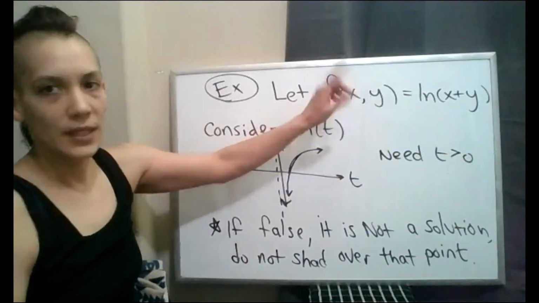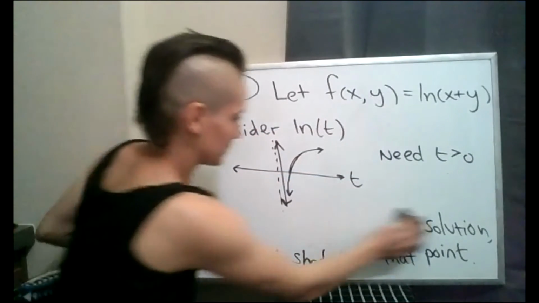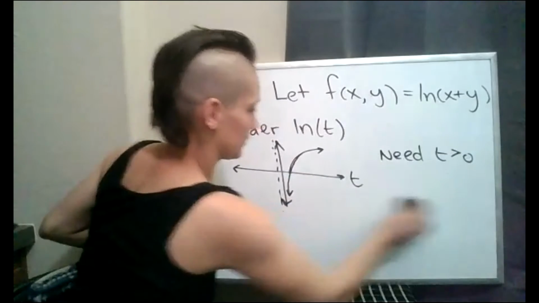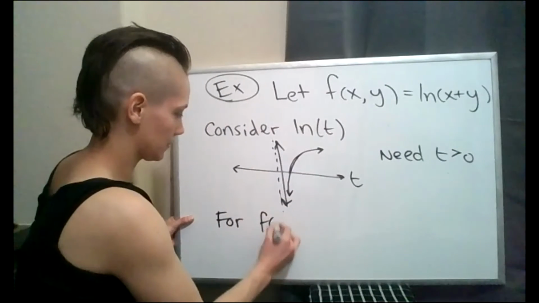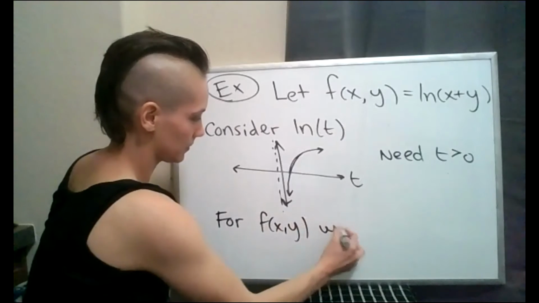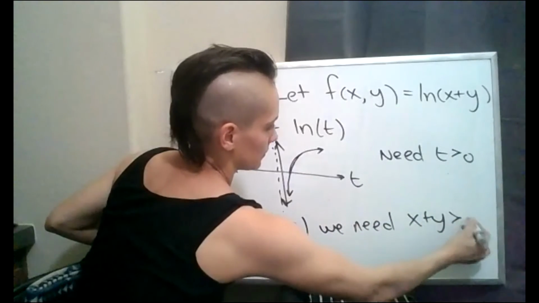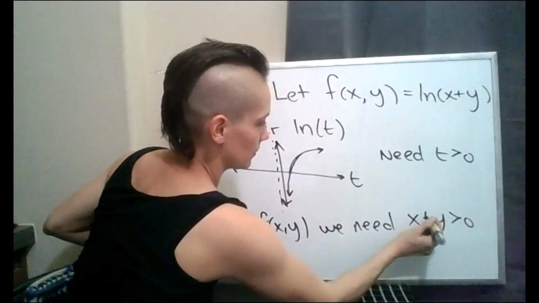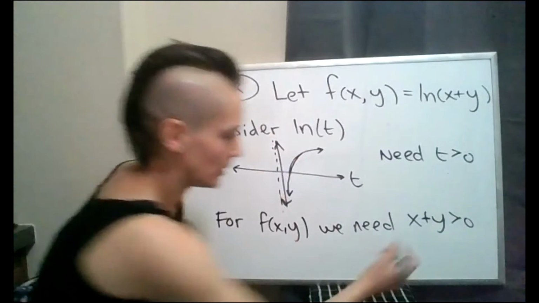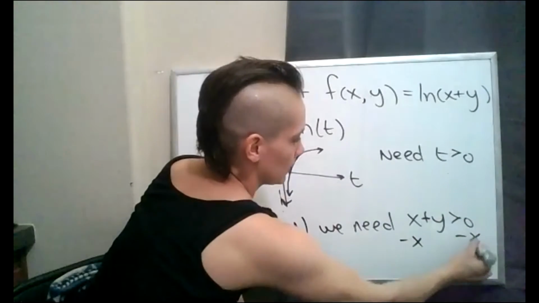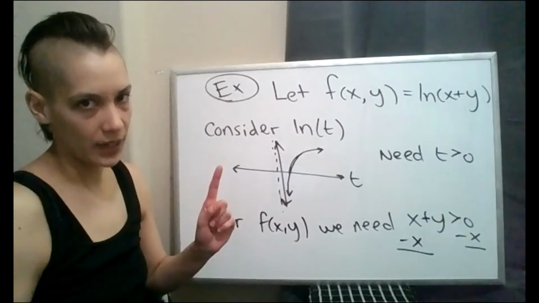So for that function, we need x plus y greater than 0. Then we want to subtract x from each side, so we've got y greater than negative x.